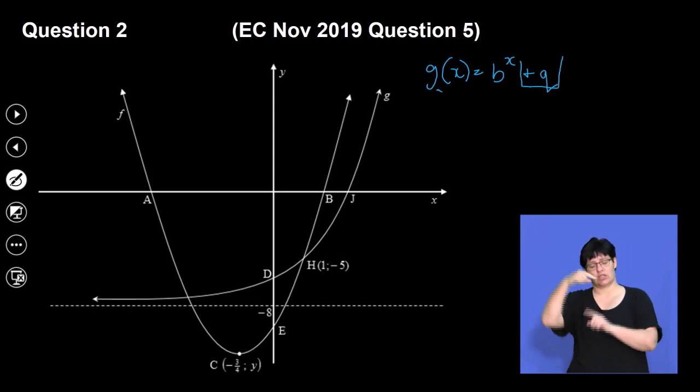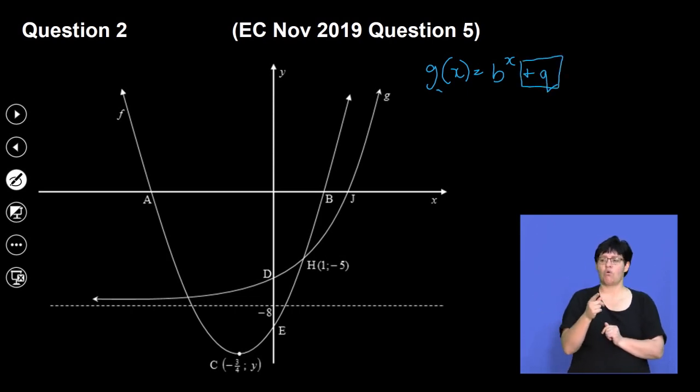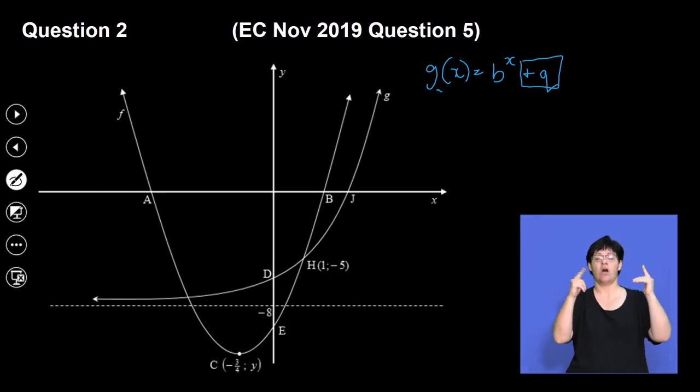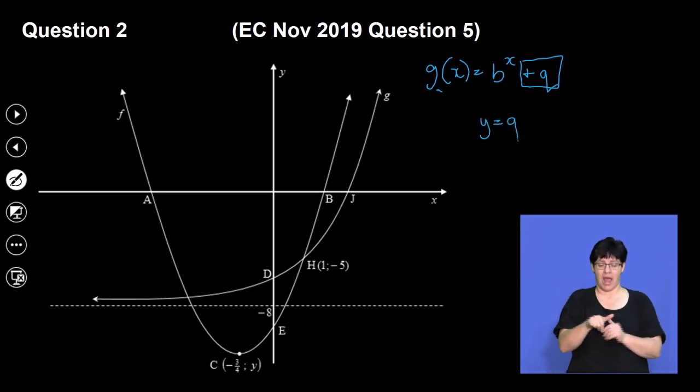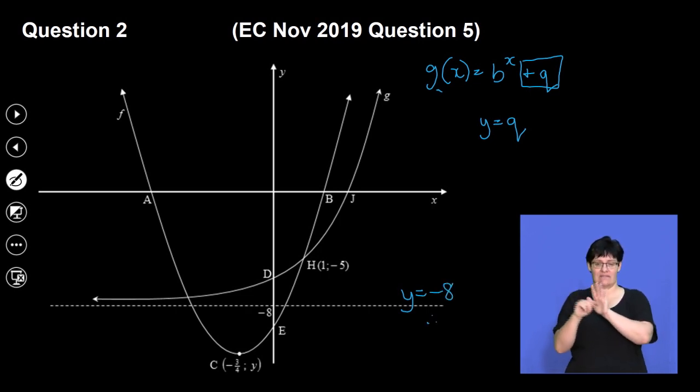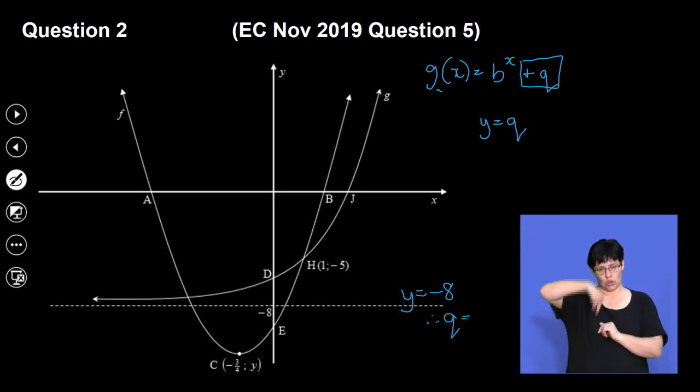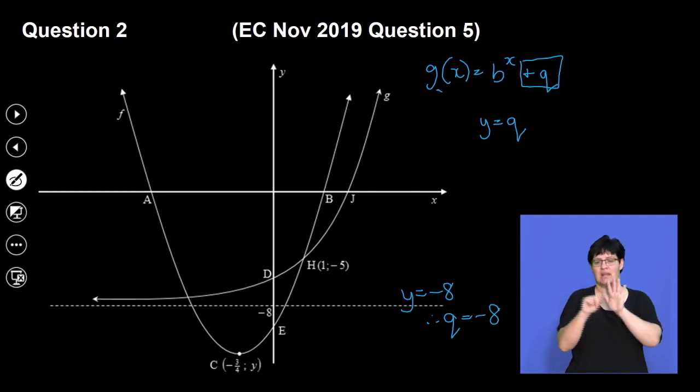So q tells us about the horizontal asymptote of this exponential equation. y equals q is always the equation of the horizontal asymptote. We can see that the horizontal asymptote has the equation y equals -8. Therefore, q must also be equal to -8. So if you know the horizontal asymptote, you can definitely get that value of q.